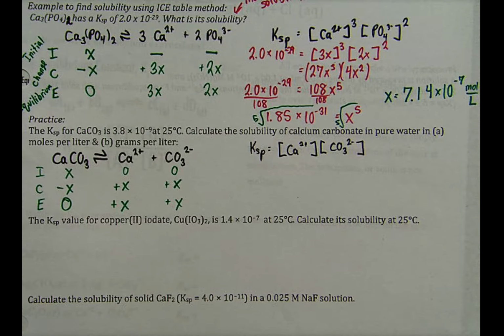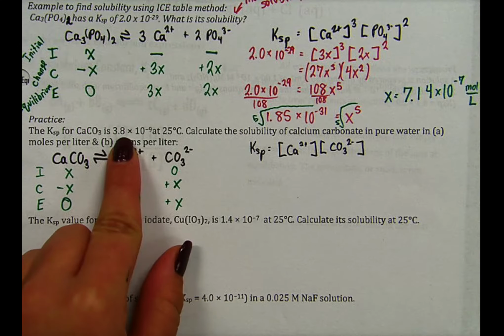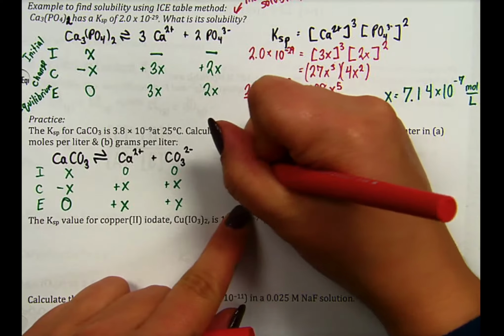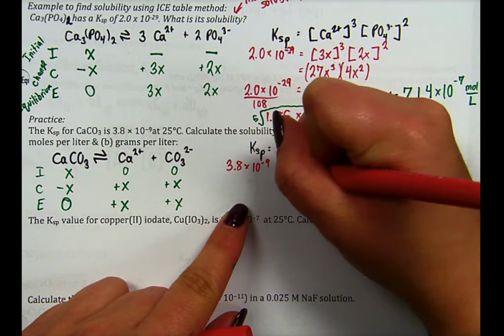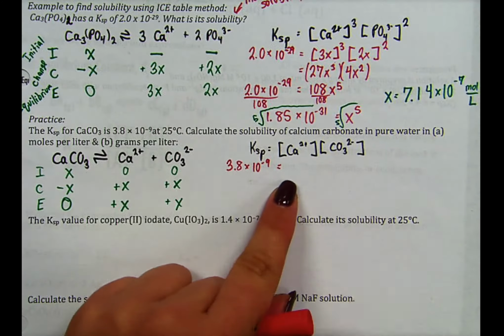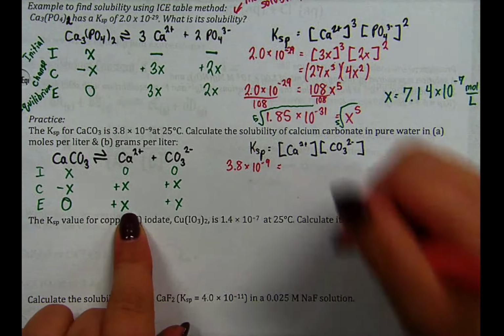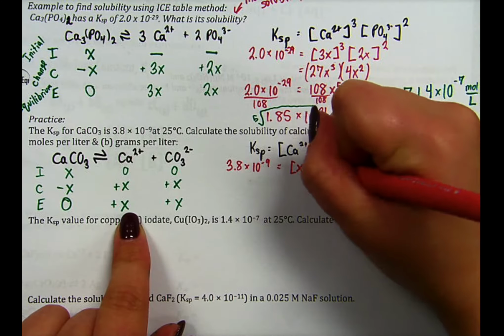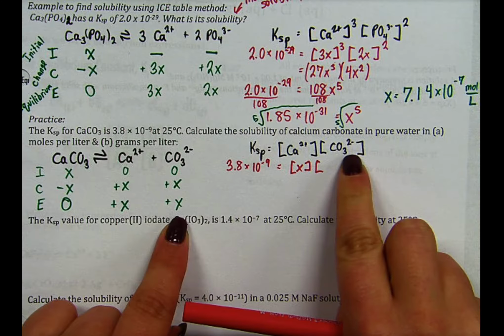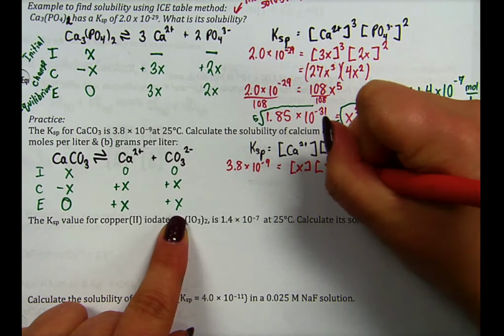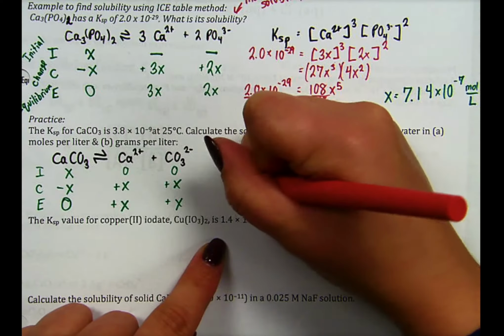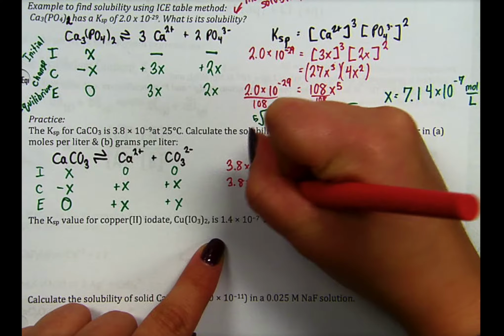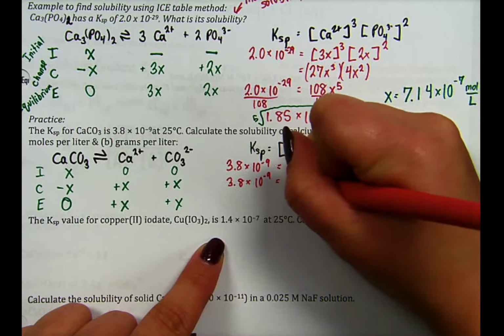Now we can plug in our values. 3.8 times 10 to the negative 9 is our Ksp, equals our concentration of calcium, which we said was x, multiplied by our concentration of carbonate, which is also x. So we have that 3.8 times 10 to the negative 9 equals x squared.